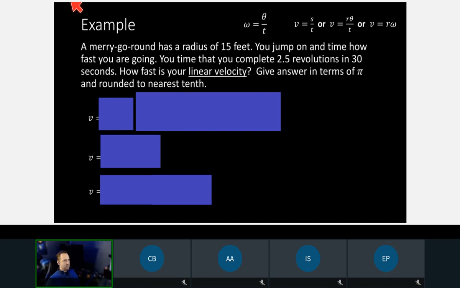So, given this information, are we going to use the first, second, or third formula for velocity based on what we have? What do we think in chat? Sarah thinks the second one. A lot of seconds, maybe. Well, let's write down what we know. What is given to us? So, radius and time.